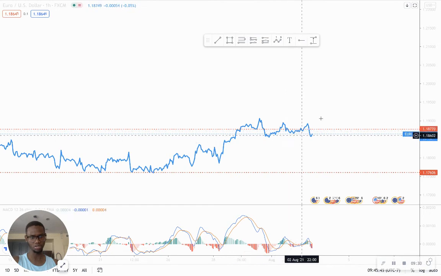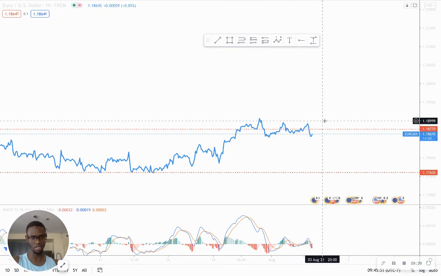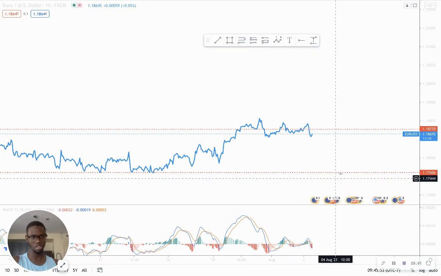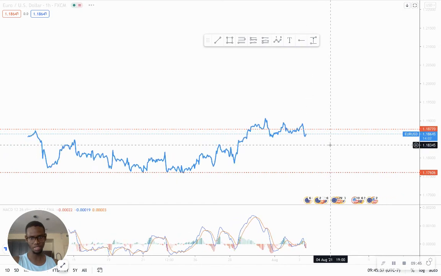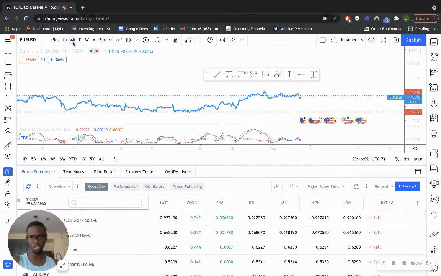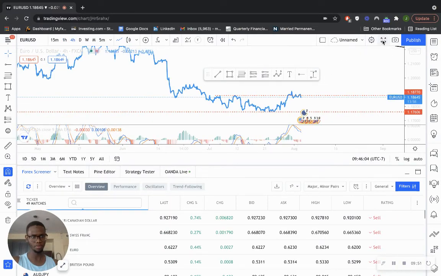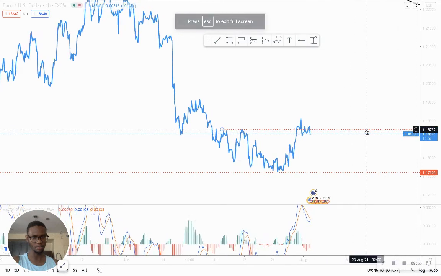Now the market is ranging, and this is what happens a lot with the USD. It will range from here, and then finally it will drop. So I'm looking for an area around here. My area is this level right here, which I saw on the 4-hour chart, which is the weekly level.